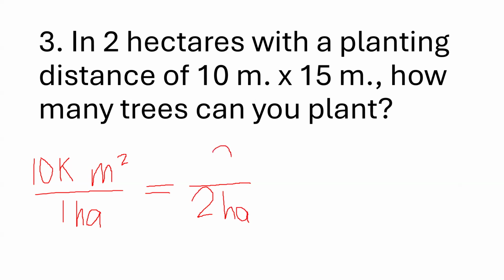Dito, question mark dito. So to get the question mark, we need to cross multiply here to here, then here to here, equals 10K times 2 is 20,000.